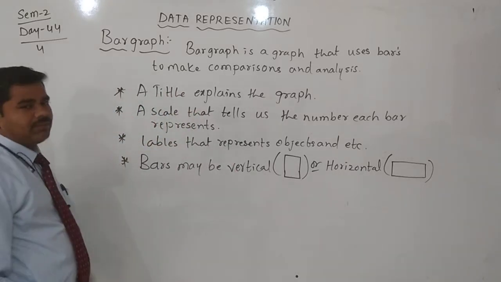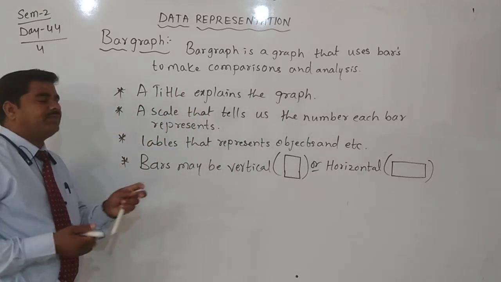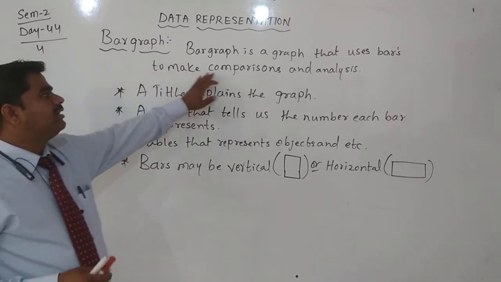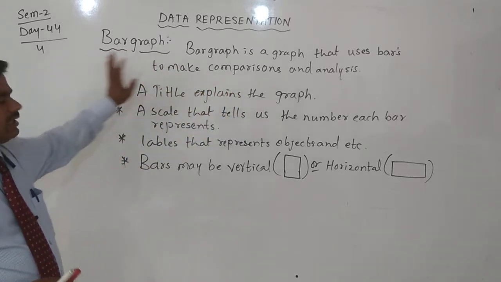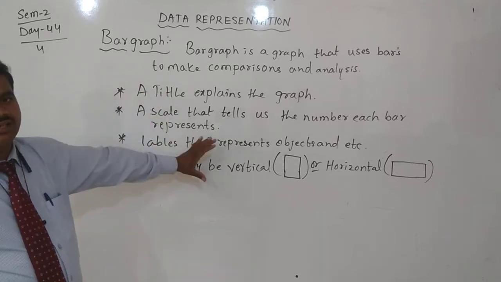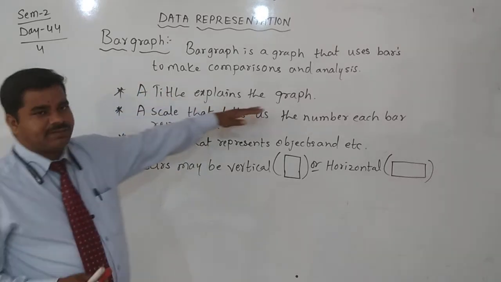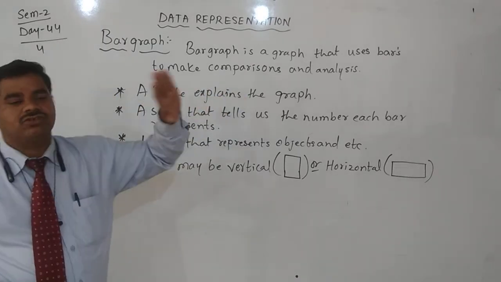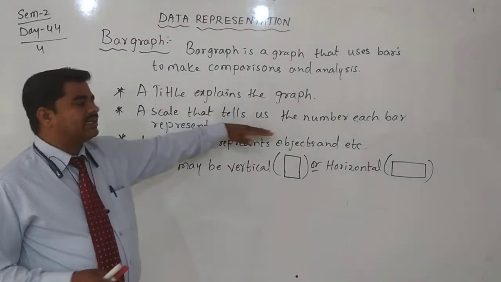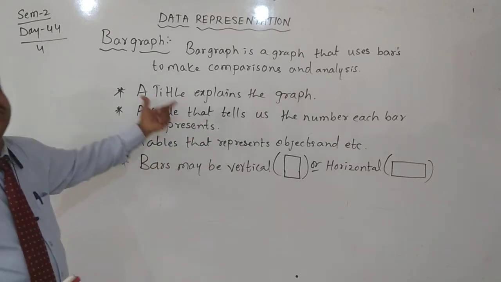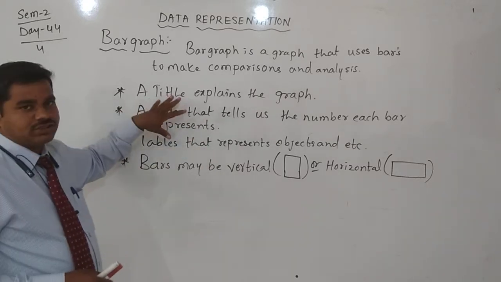About the bar graph, first you should know what is meant by a bar graph. A bar graph is a graph that uses bars to make comparisons and analysis. It has a title, scale and bars. A title explains about the graph, as in a pictograph also. Then a scale tells us the number each bar represents, like the number each picture represents in the pictograph.